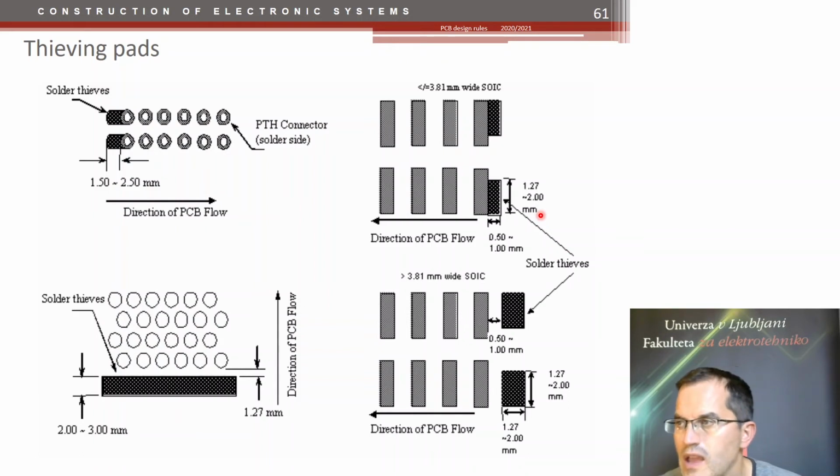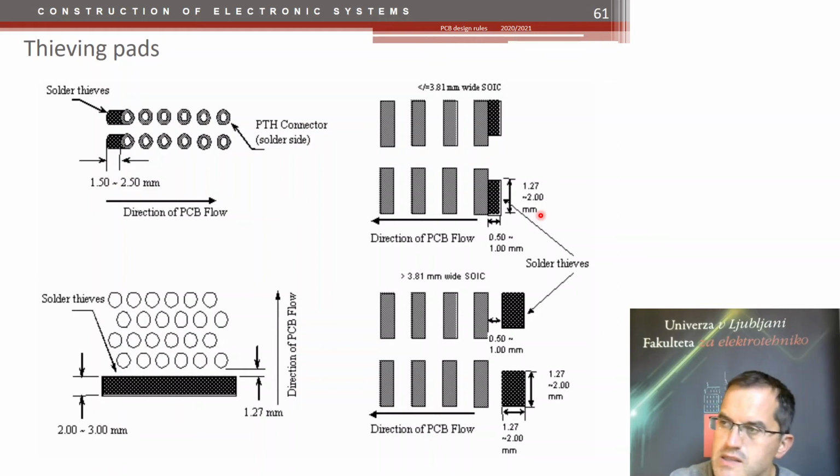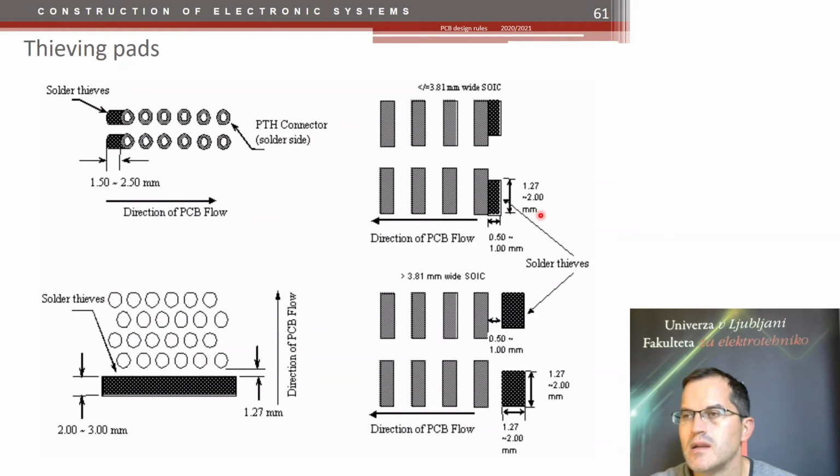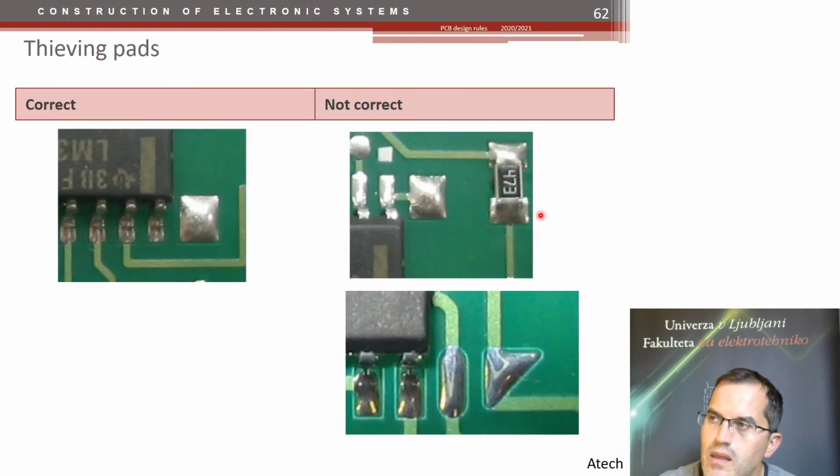Well, there are some certain rules again how to put these pads, what are the minimum or maximum distances, but take care, of course, first these pads should be there. But if you're putting the pads, don't connect them. Put the pads unconnected.